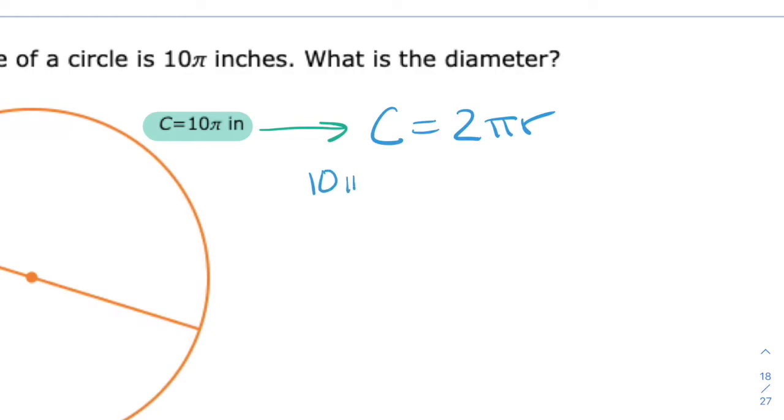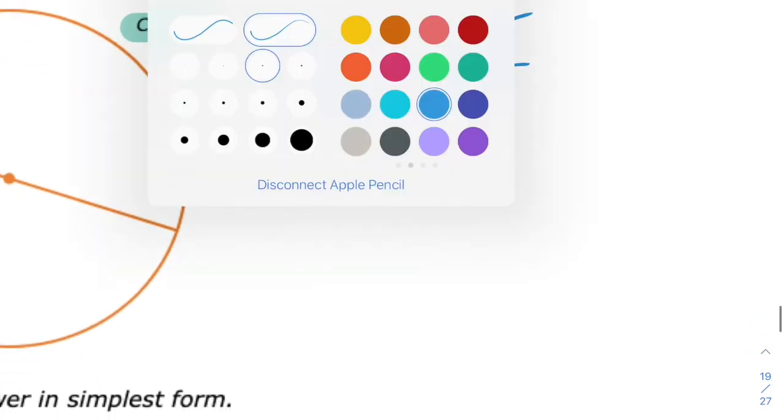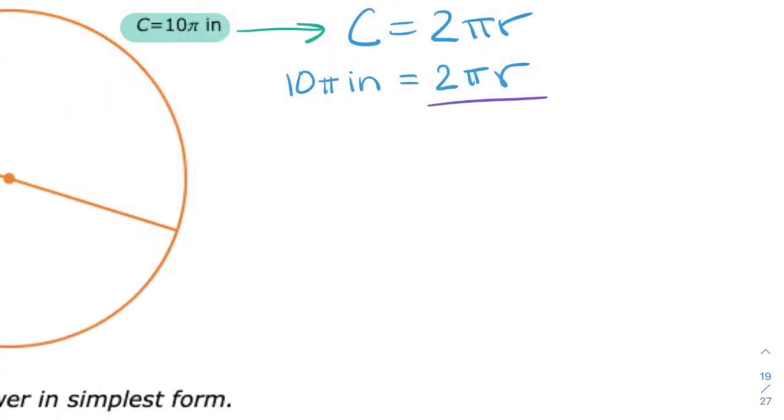So 10 pi inches equals 2 pi times r. I just substituted in. Here's what's really cool. In this step, you can divide both sides by 2 pi to get r just by itself. So 2 goes away, pi goes away, and 10 divided by 2 is 5 inches.